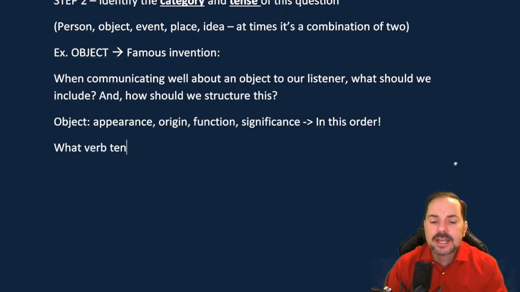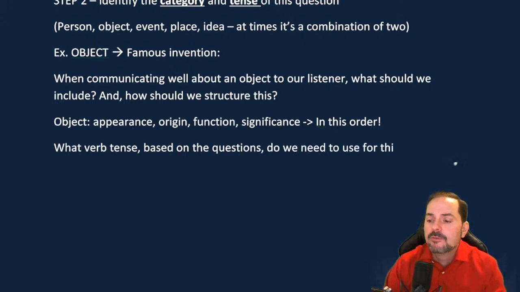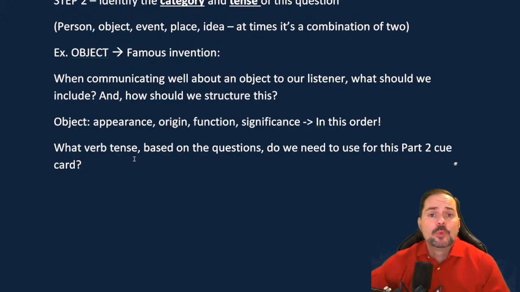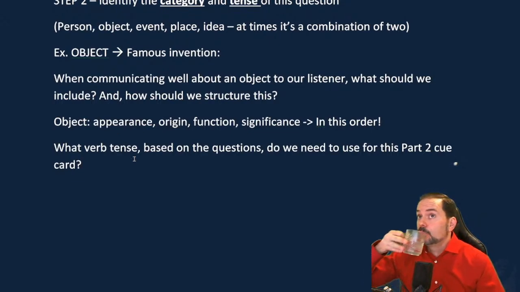So what verb tense, based on the questions, do we need to use for this part 2 cue card? Okay, what do you think? So if I read this cue card, what kind of a tense do I have to use?